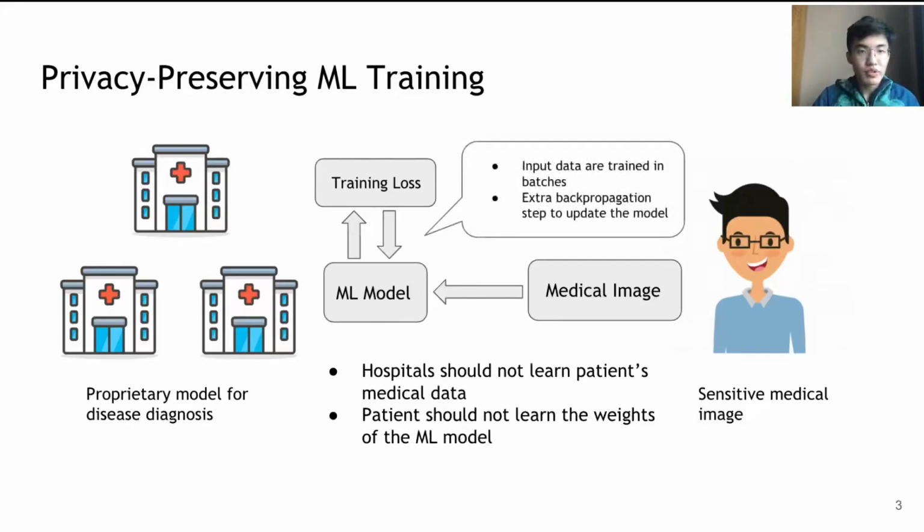Note that privacy-preserving machine learning training is a much more challenging task than privacy-preserving inference, because first, input data are usually trained in batches of hundreds and even thousands of images. And second, there is an extra backpropagation step to update the model weights. Therefore, privacy-preserving training is much more computationally demanding than privacy-preserving inference.